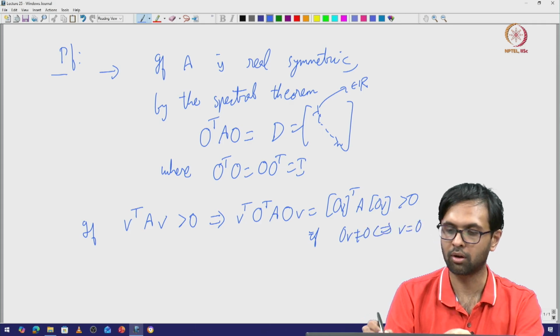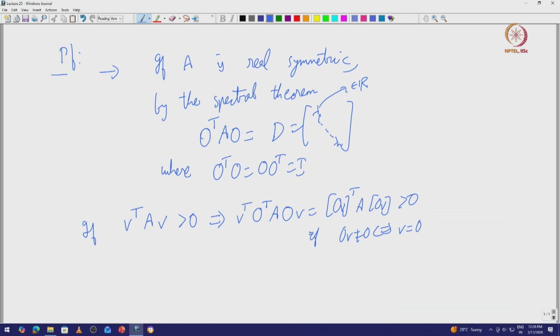I'm sorry for using O, maybe I'll call it theta transpose. O is probably confusing. But what is this?